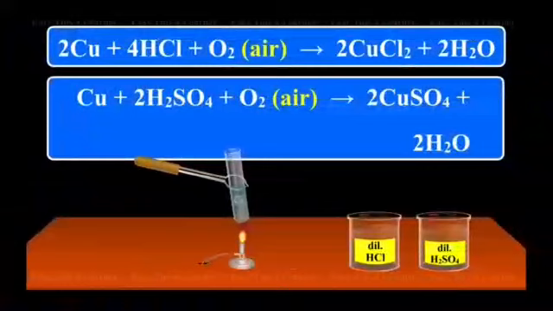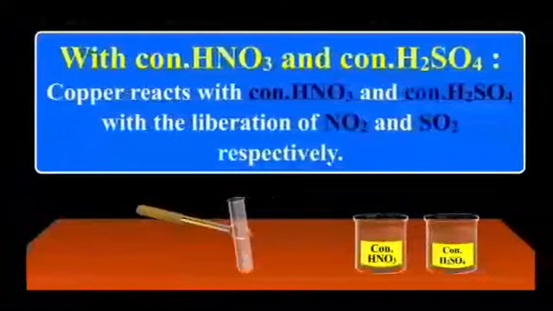With dilute H2SO4, that is sulfuric acid, the equation is copper Cu plus sulfuric acid H2SO4 plus oxygen O2 gives CuSO4, copper sulfate, plus water H2O.